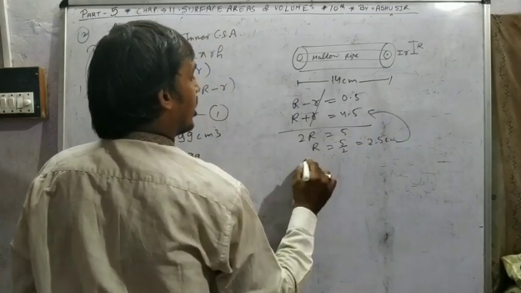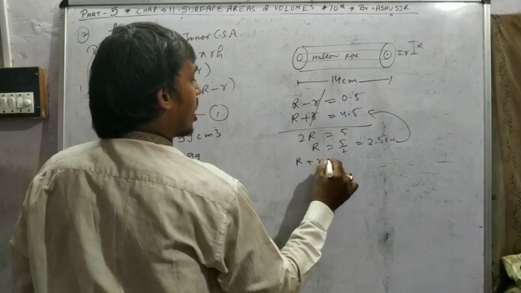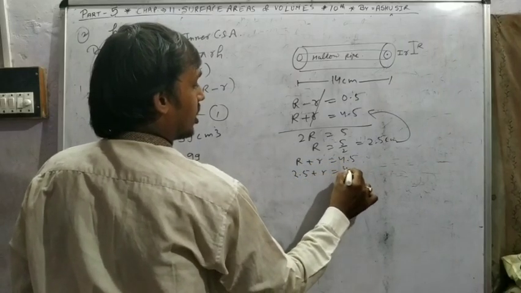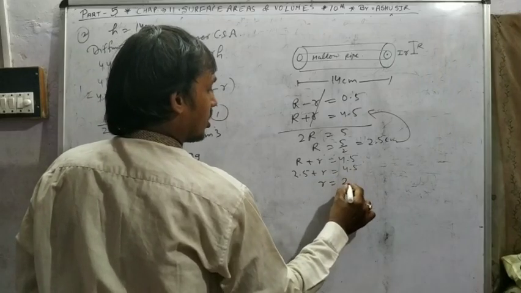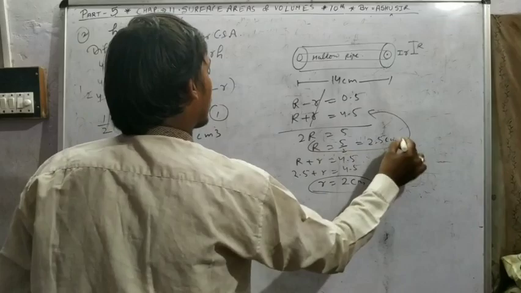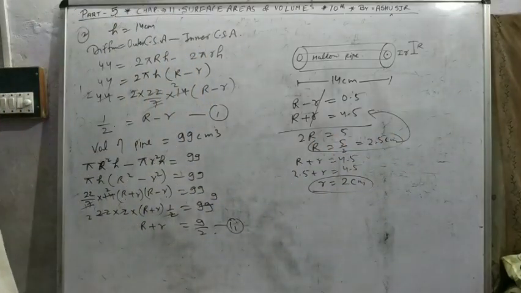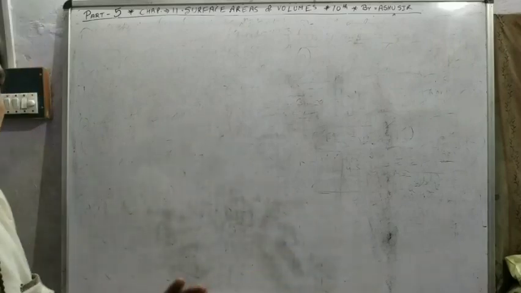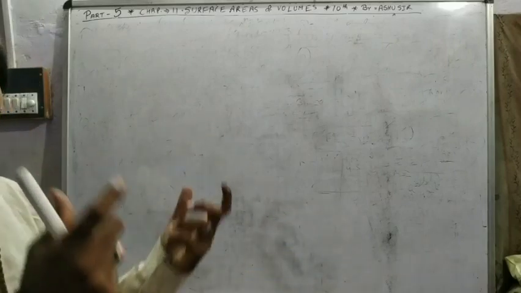Put in the first equation, R minus r. So the inner radius is 2 centimeter and the outer radius is 2.5 centimeter. So you have to read the question. It's a very good question. I am solving it in different ways.